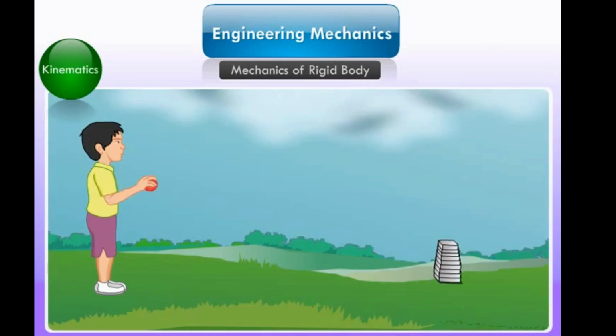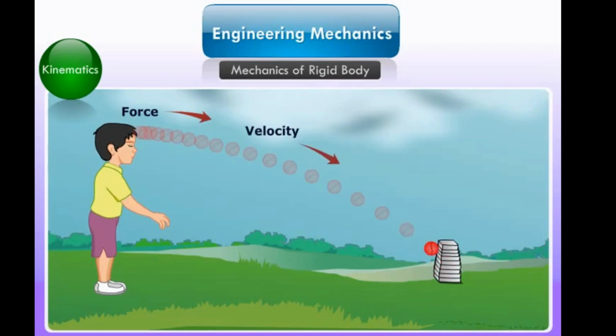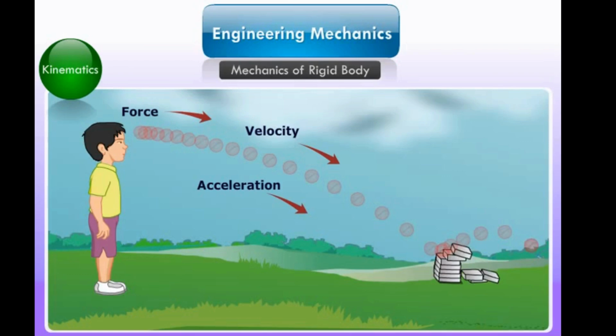To make the ball move, we have to apply some force on the ball, as a result of which the ball moves by gaining some velocity and acceleration. Finally, its impact hits the stones, which were at rest. Thus, force is the cause of motion of the ball.